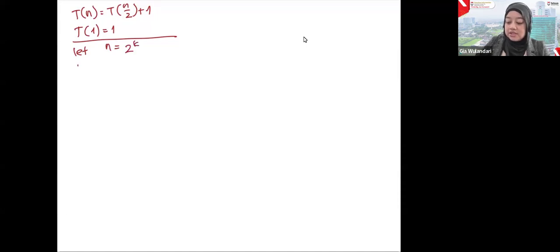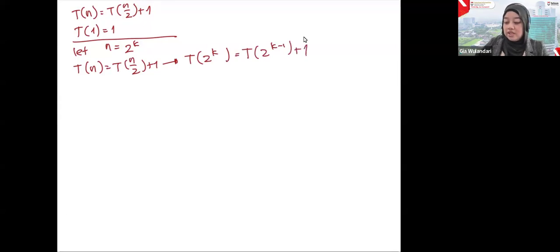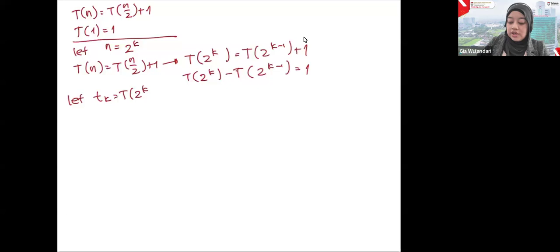And then it means Tn equals T of n over 2 plus 1 can be written as T of 2 to the k equals T of 2 to the k minus 1, plus 1. Or it can be written as T of 2 to the k minus T of 2 to the k minus 1 equals 1. And here we write T of 2 to the k as tk. So it means we have tk minus tk minus 1 equals 1.